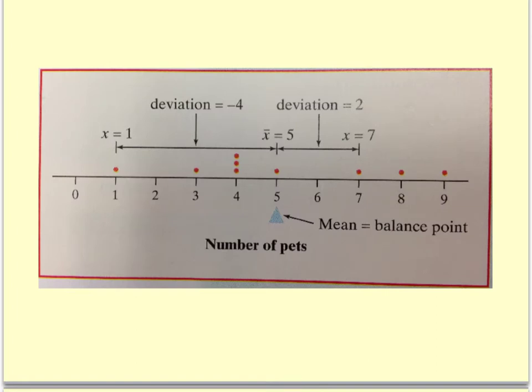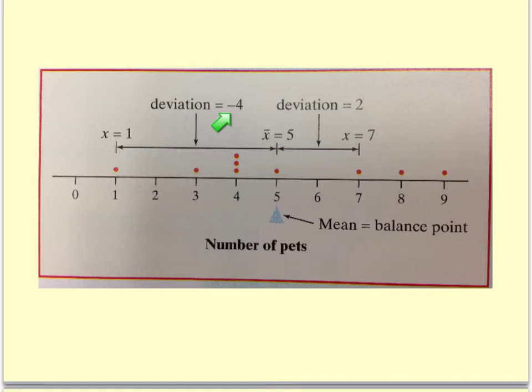This next slide, you may want to jot down this little graphic for your notes. I just wanted to remind everyone of what a deviation is. If I have X bar here as my mean, from this data value of 5 to this data value of 7, that is a deviation of 2, because that's the difference between those two.